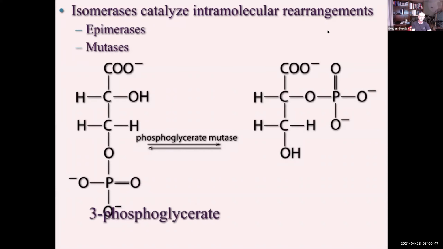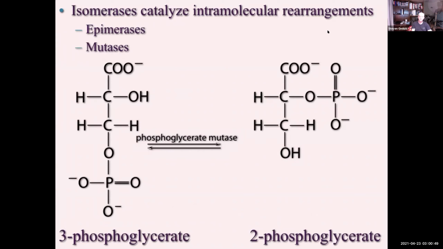Okay. Isomerases. Isomerases catalyze intramolecular rearrangement. So they rearrange the groups in a molecule. Epimerases, mutases. One example is 3-phosphoglycerate going to 2-phosphoglycerate. The enzyme is phosphoglycerate mutase.